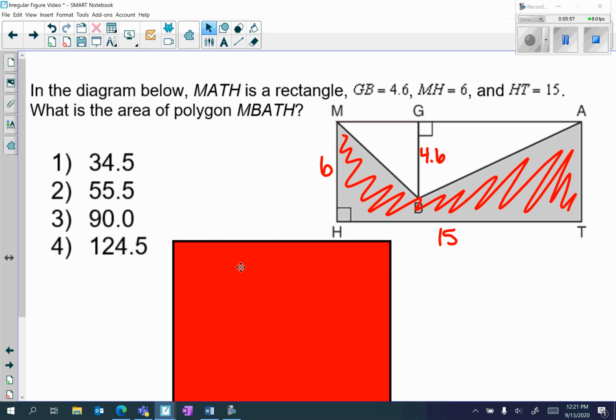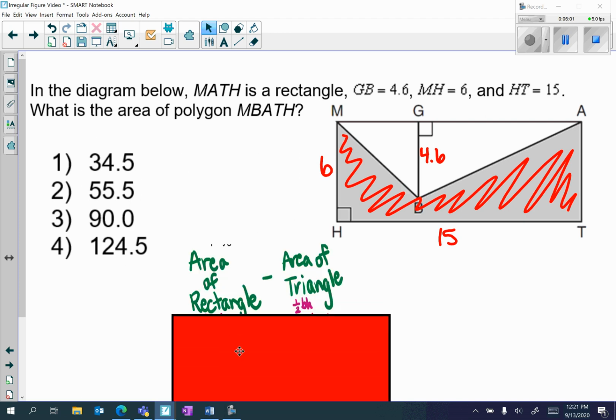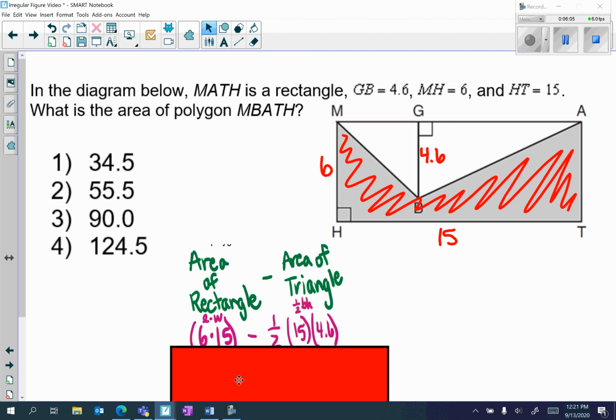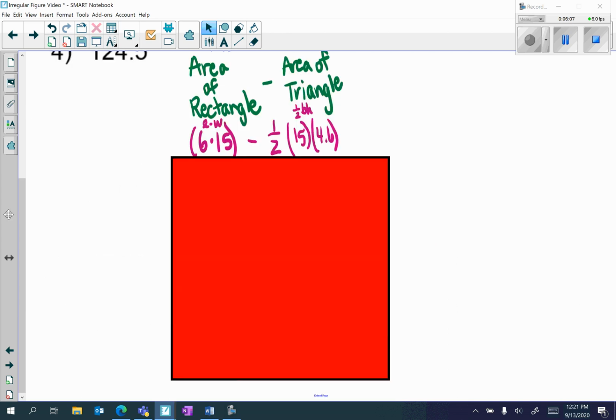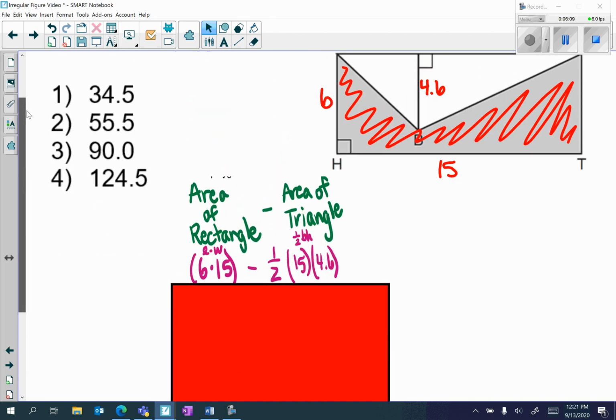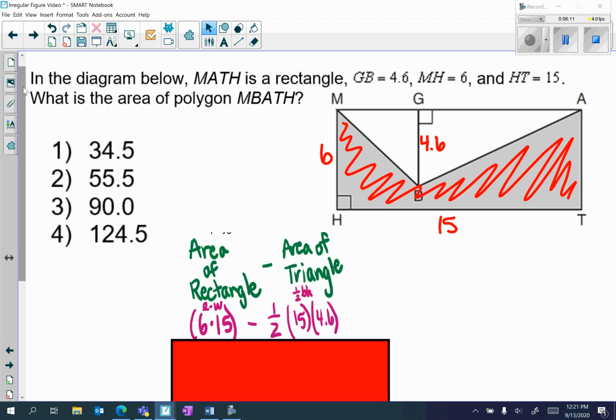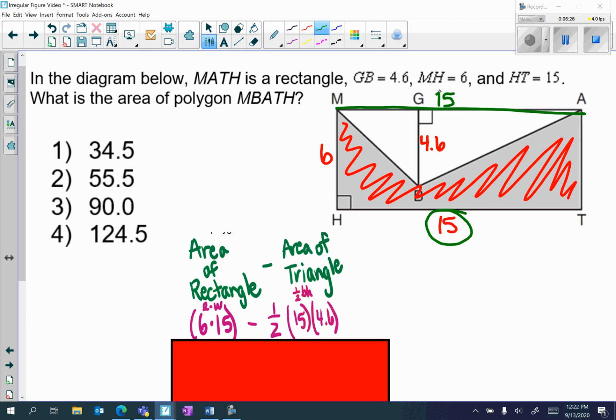So what I have to do is find the area of the rectangle and subtract the area of the triangle. So area of the rectangle is 6 times 15, excuse me. And then the area of the triangle, remember my height is the 4.6, but my base is 15 because it's a rectangle. So if this is 15, this is also 15.